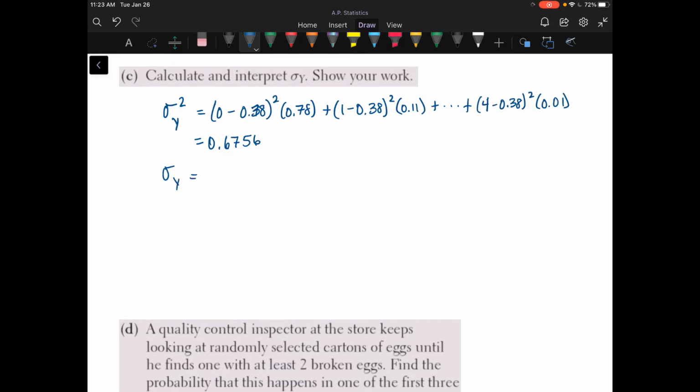Right. And we know that our standard deviation is equal to the square root of 0.6756, which is 0.8219.